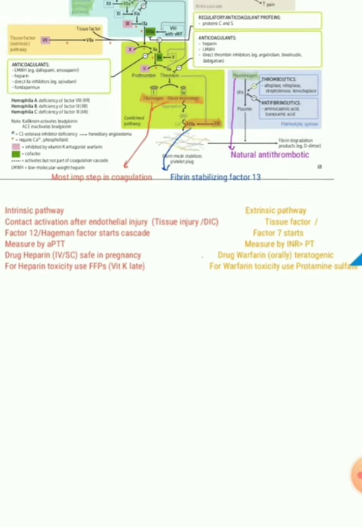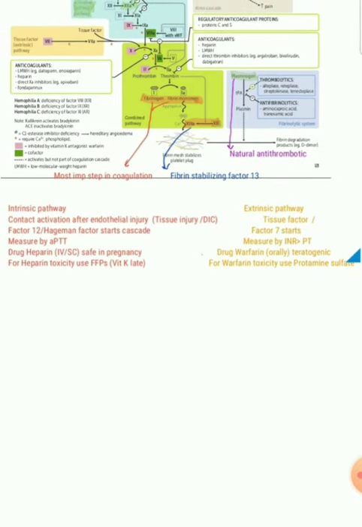We learned that it's factor 7 that starts, also called the tissue factor, starts the pathway, and it is measured by PT. Sometimes they give only PT, and sometimes they also give the INR. So international normalized ratio is a modified form of PT, you can say. The values of these are given on the next page. You can remember it from there.